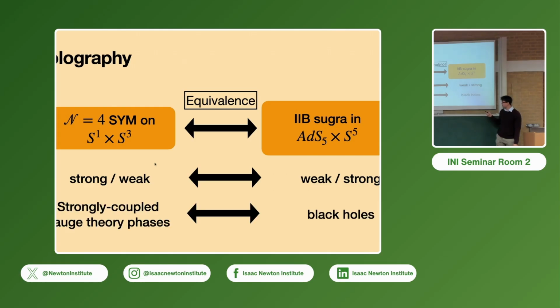We'll make use of this aspect by trying to learn about strongly coupled field theories by looking at black holes, and in particular trying to learn about the thermodynamics of strongly coupled gauge theories by computing the thermodynamics of black holes.